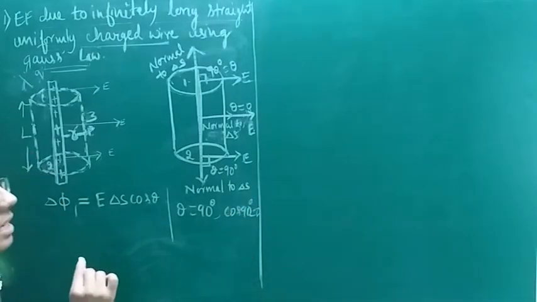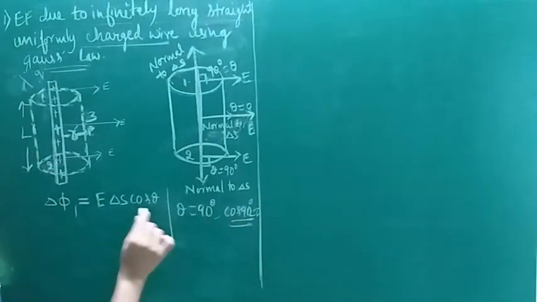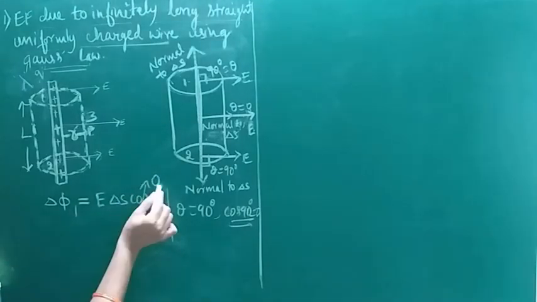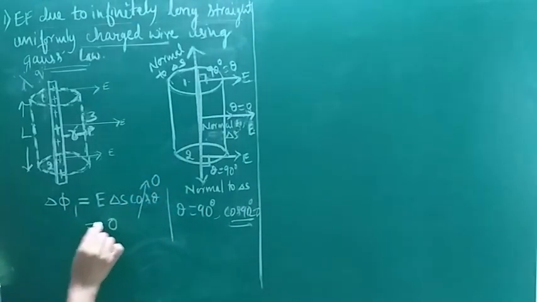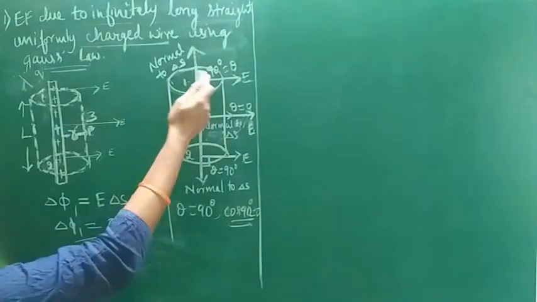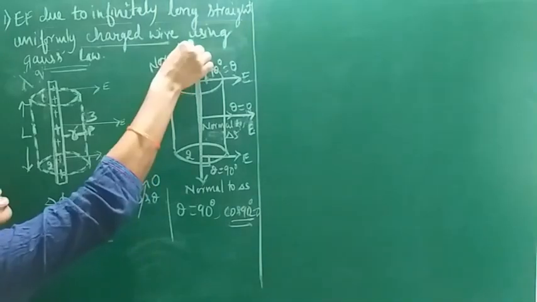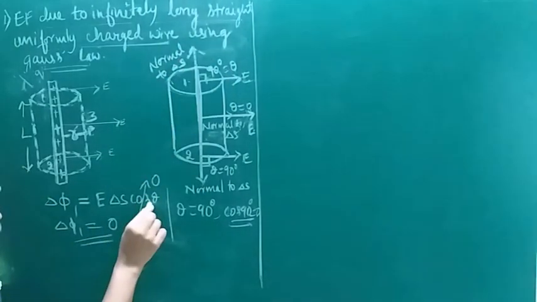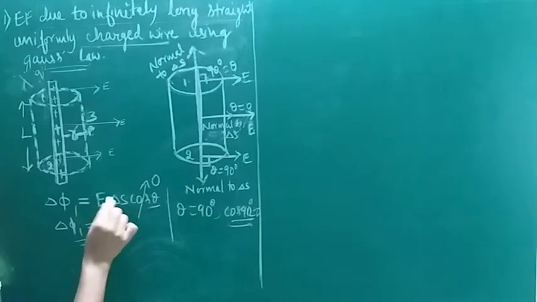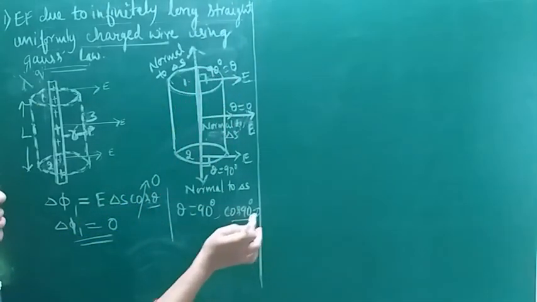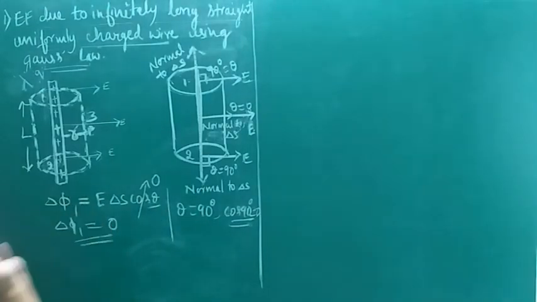So the cos theta term becomes 0, and 0 multiplied by anything is 0. Therefore, the flux due to the first circular end is 0 because the normal and electric field are perpendicular to each other. Here theta is the angle between the electric field and the normal.